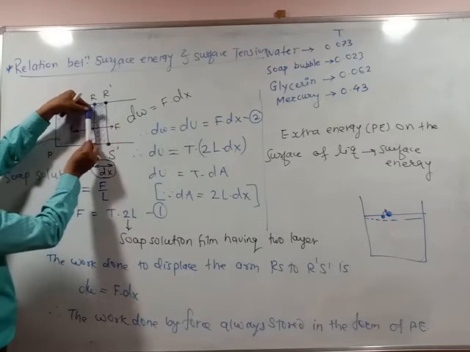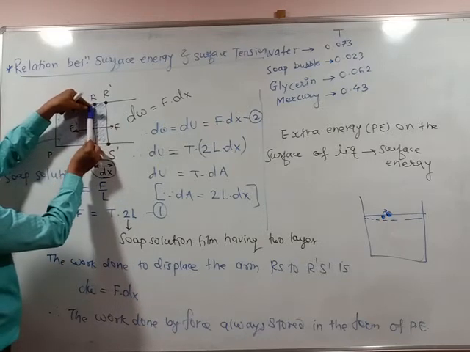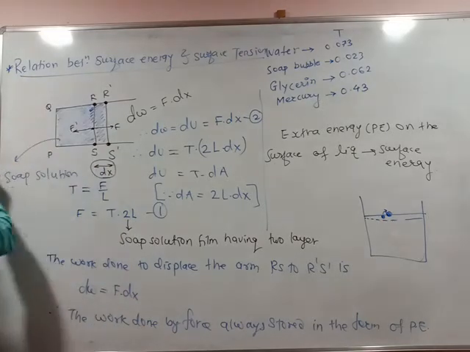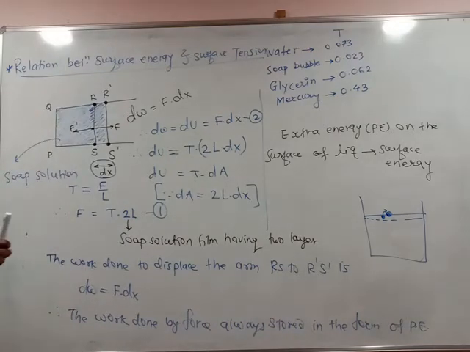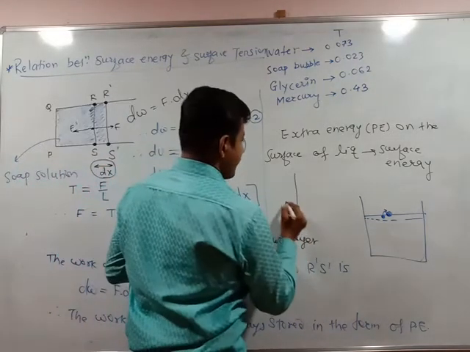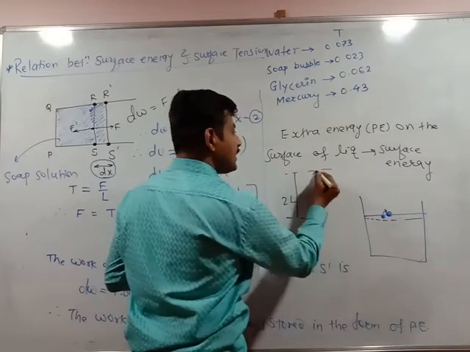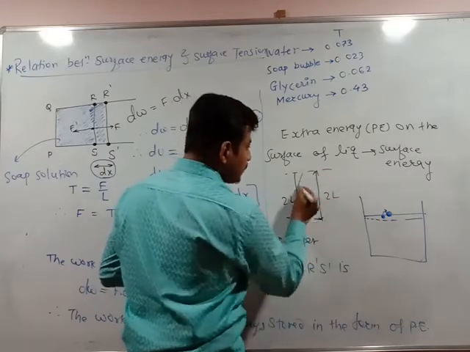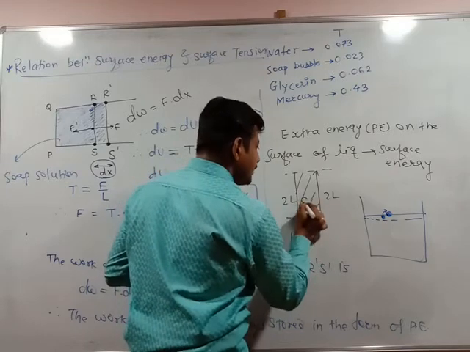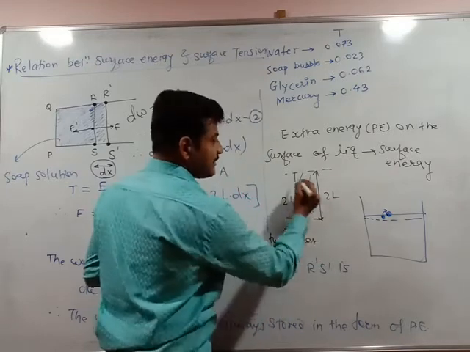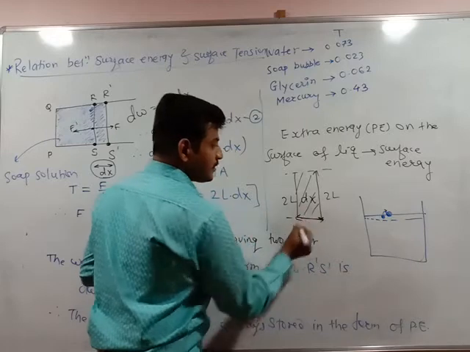So this 2L from this position displaces by some distance dx. So this 2L, in short I can say, is going to the next position 2L through the distance dx. So this dx is a displacement.